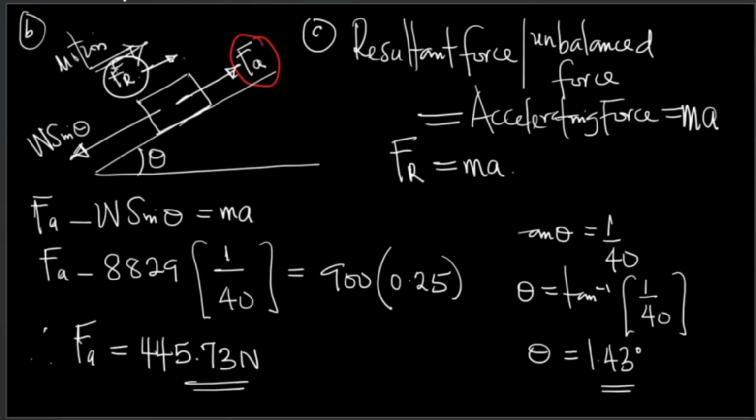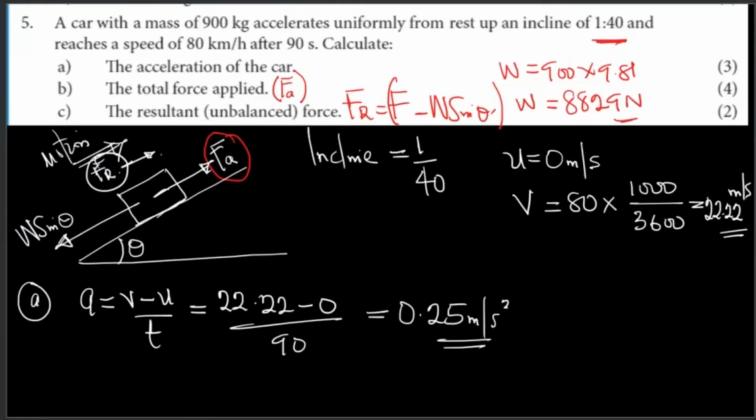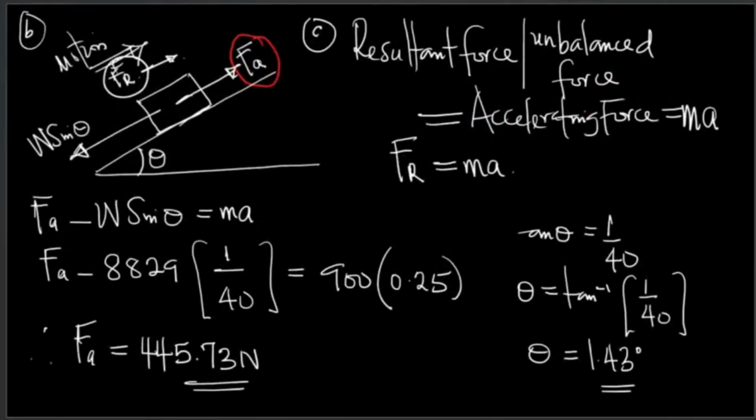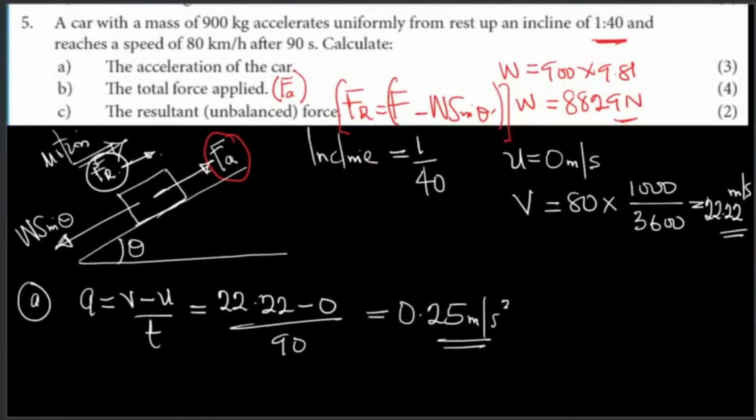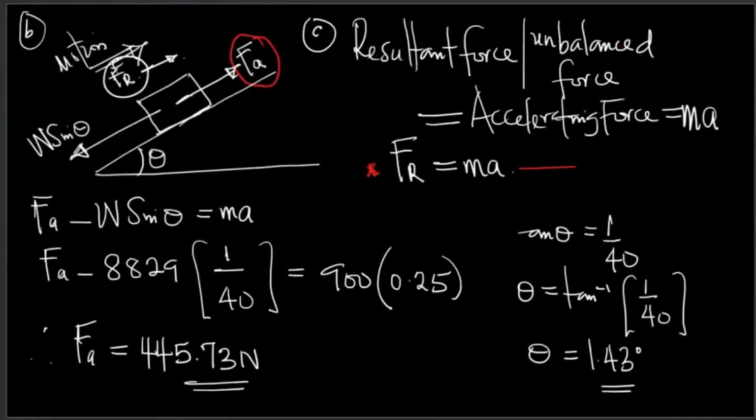With the resultant force, you can actually solve this in two ways. You can use this equation here to get the resultant force, or you can use this as well. I want you to use this equation, and then I also want you to use this equation, just mass times acceleration.